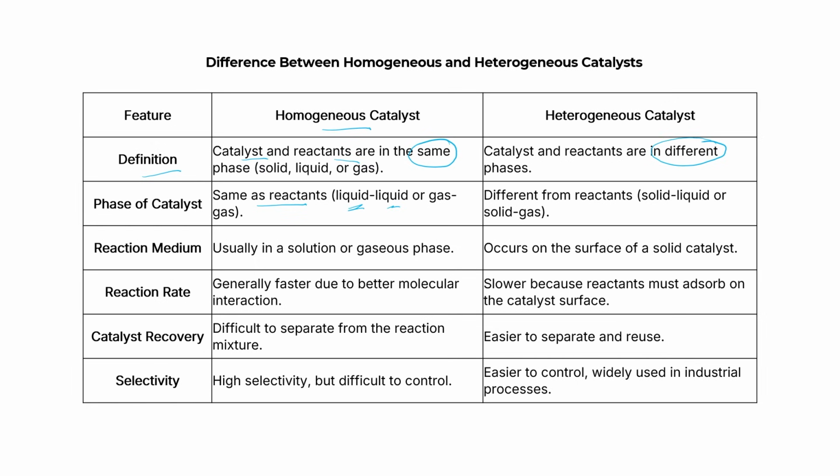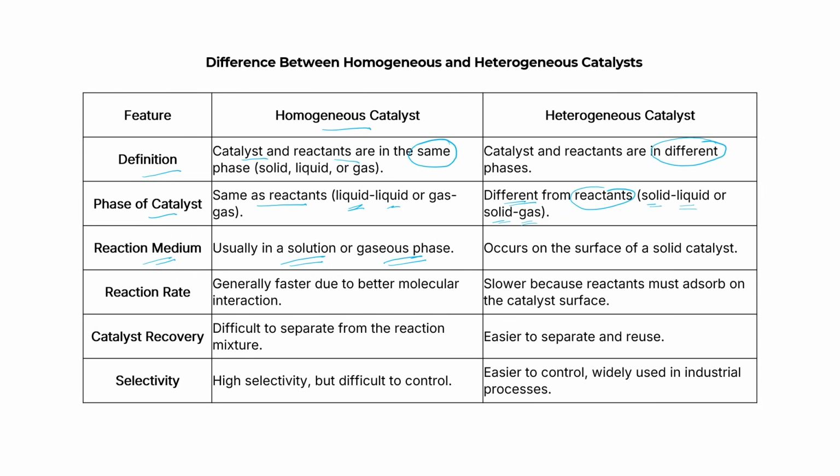On the other hand, when you compare the phase of the catalyst with respect to the reactants, they will be different. So you can have a solid catalyst with liquid reactants, you can have a solid catalyst with gaseous reactants, and so on and so forth. The most common reaction medium in a homogeneous catalyzed reaction is either solution or gas.